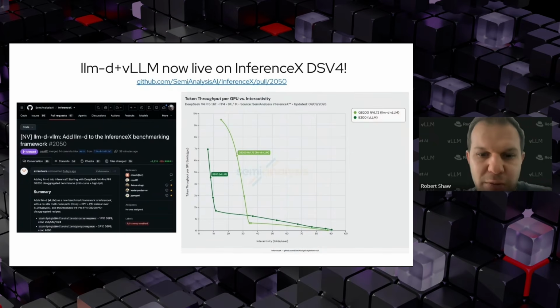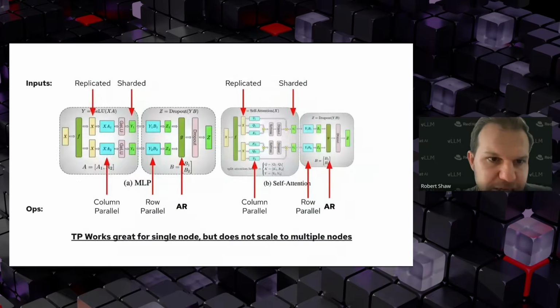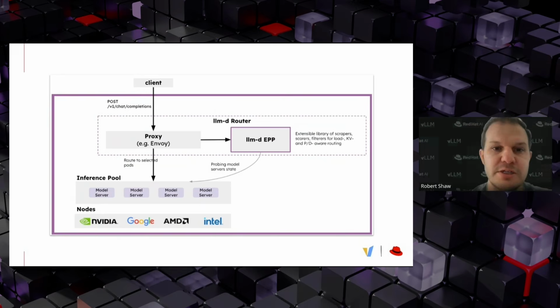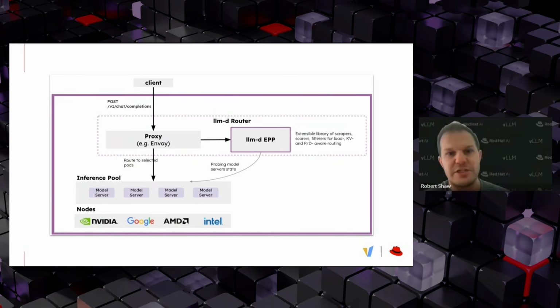One thing I wanted to mention is how this all works. I kind of glossed over this, but technically there's an API called an inference pool, which is similar to a Kubernetes service in the sense that you discover pods through Kubernetes labels.